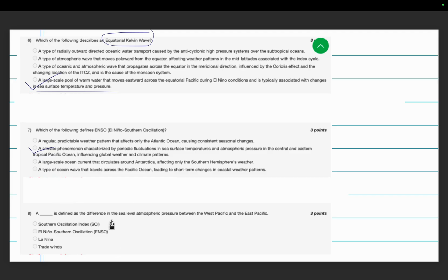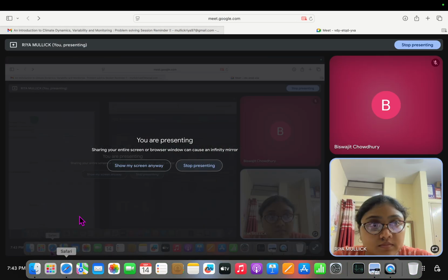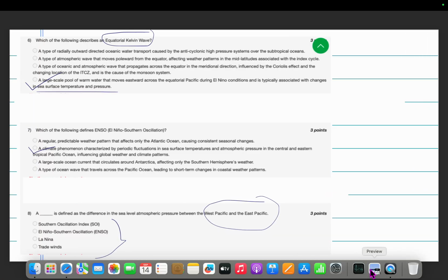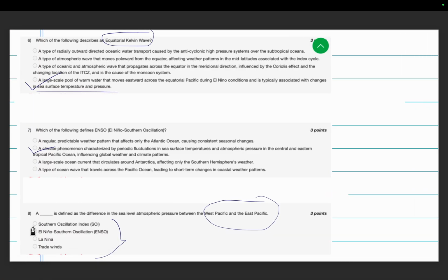Which of the following is defined to be the difference of the sea level atmospheric pressure in between West Pacific and the East Pacific? This is Southern Oscillation Index. Question 8, option A is correct.